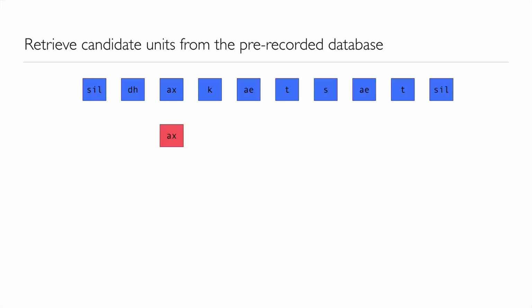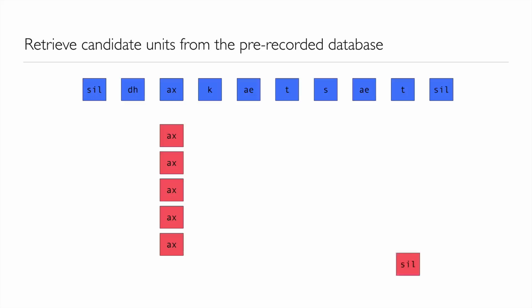We'll get all of them, in fact. I've only got a tiny database in this toy example, so I just found 5. In general, in a big system, we might find hundreds or thousands for some of the more common unit types. And we're going to repeat that for all of the target positions.